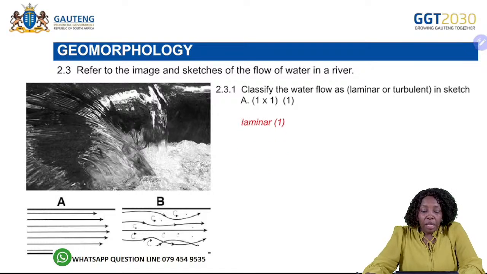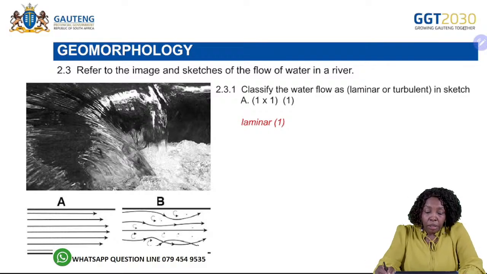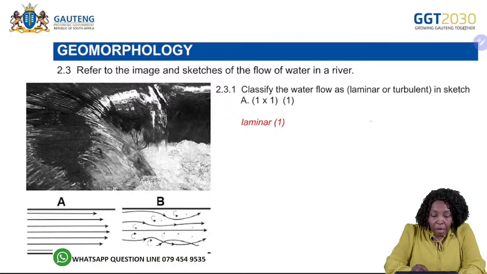Here now we're looking at an image or a sketch of flow of water in a river. The first question says, classify the water flow as laminar or turbulent. So boys and girls, when you look at this diagram, this is the illustration of the two flows.